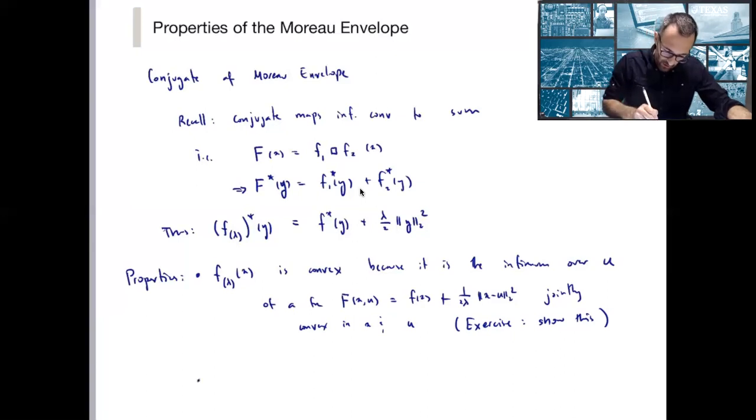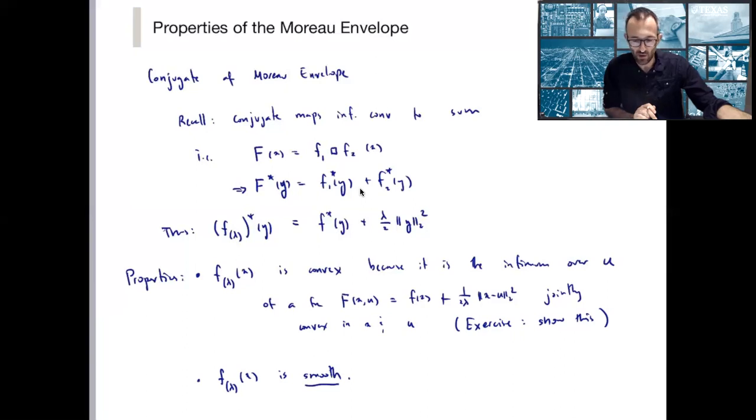And then, regardless of smoothness of f, its Moreau envelope is smooth, which is also why it's called Moreau-Yosida smoothing. f lambda of x is smooth. So let's think for a minute, how can we see this? Well, one simple argument is, again, drawing from the work that we did on studying properties of the Fenchel transform.